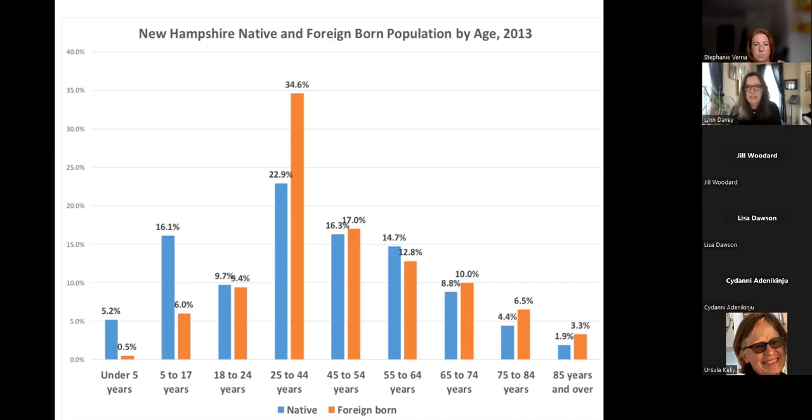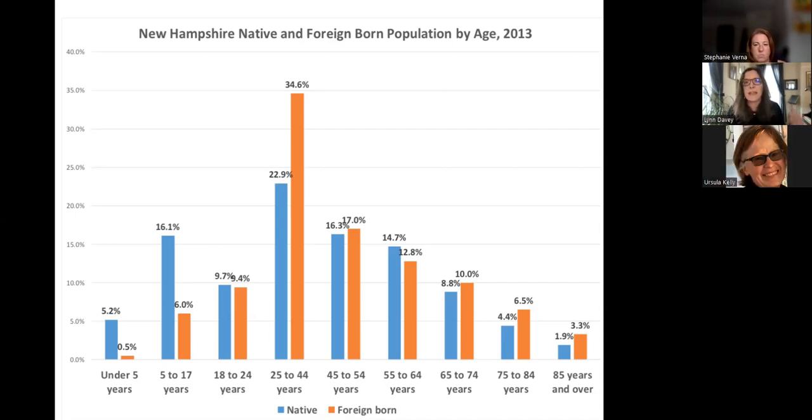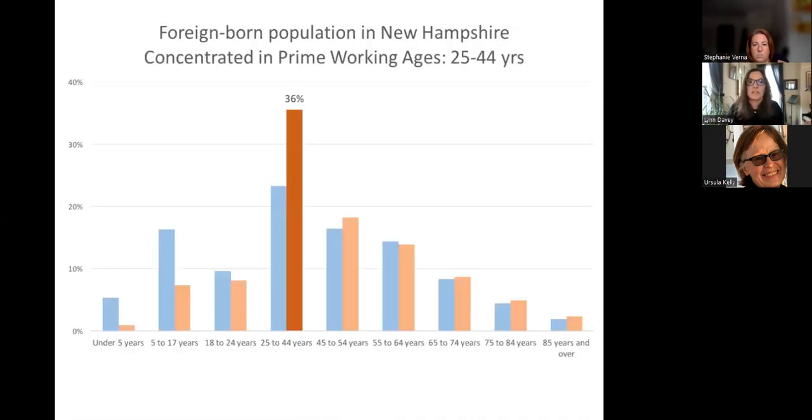I'm like, well, nobody's eyes are really drawn to what you're saying, and you don't have a descriptive title. We just put the census data up there or whatever. So we just changed it to this. The foreign-born population in New Hampshire is concentrated in prime working ages of 25 to 44. We focus attention on that, and we fade out the other data.